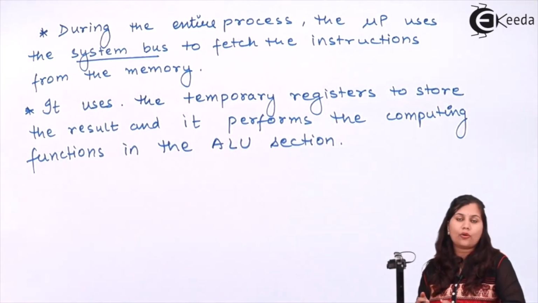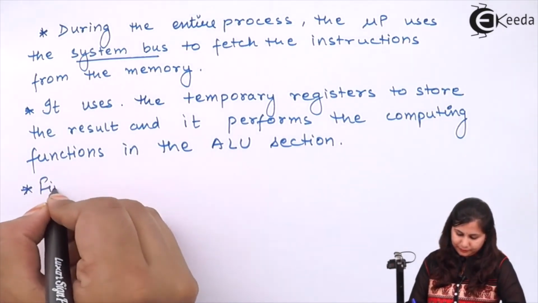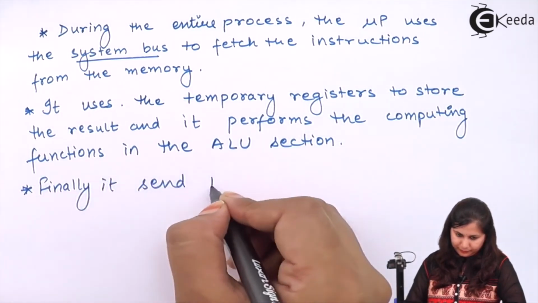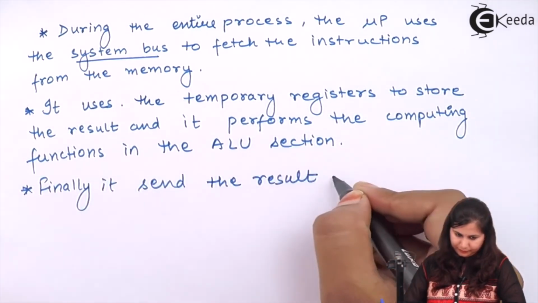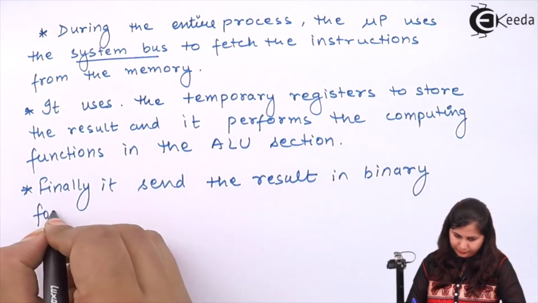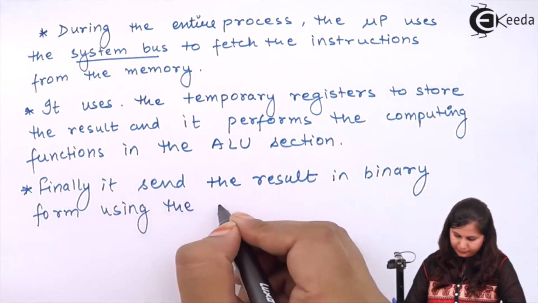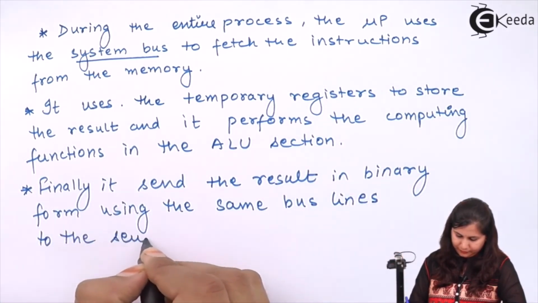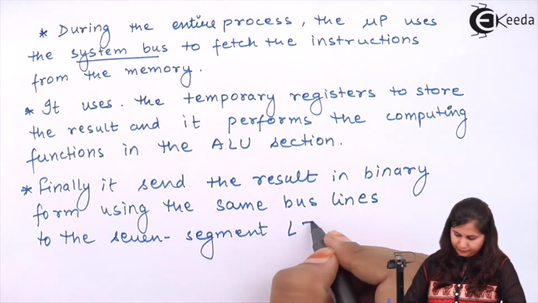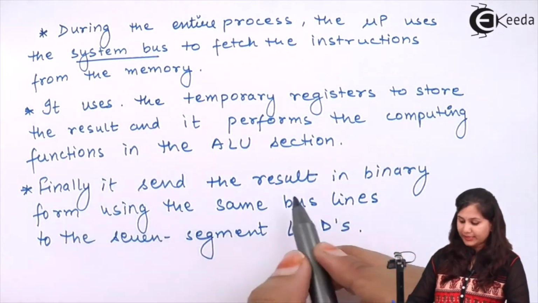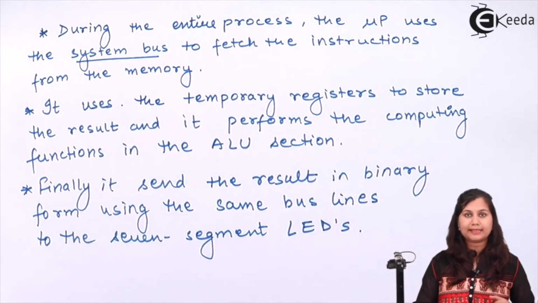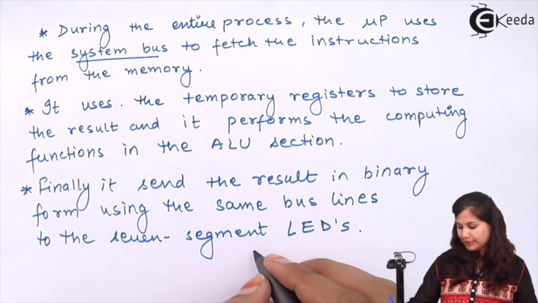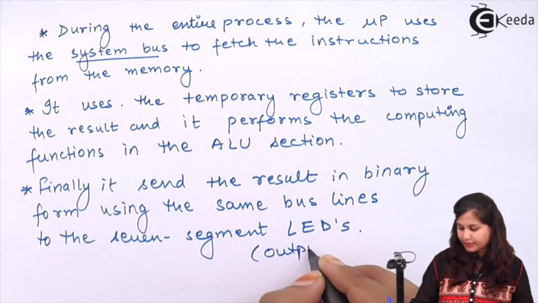And then the result of the operation is provided on the output devices. It will display the results using the same bus lines to the 7 segment display, or we can say the output section.